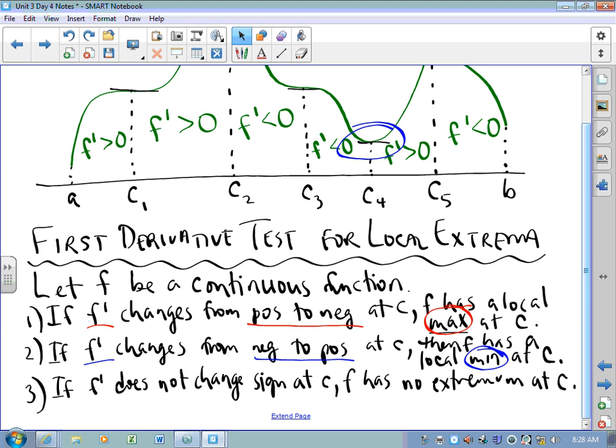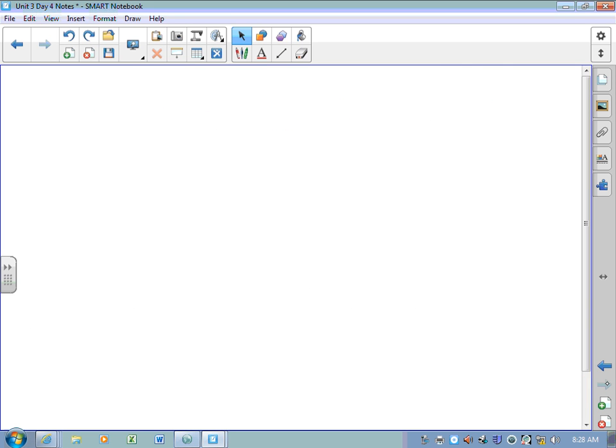We've dealt almost exclusively with nice factorable polynomials in our previous year's work, so we are very used to taking a derivative, setting it equal to 0, and solving. But I want us to go a little bit more rigorous and say, I'm looking for places where the derivative changes sign.